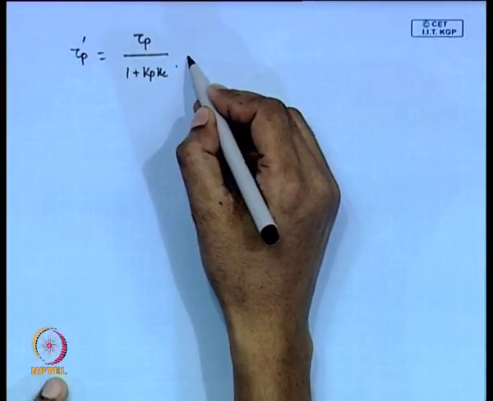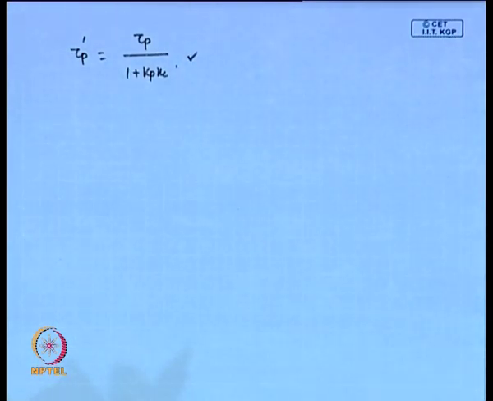Now, we will conclude. So, if we see the expression of tau_p', we can say that tau_p' is less than tau_p. Fine. If we see from this expression, we can say that tau_p' is less than tau_p.